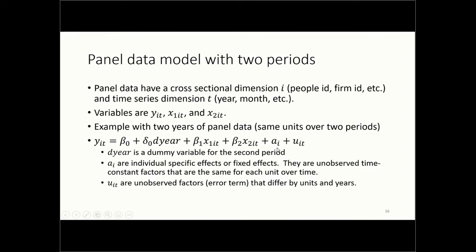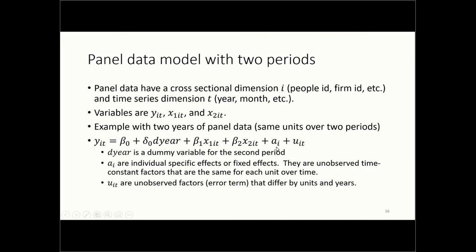You can think of something like the ability of the individual that contributes to their wages. The ability is not observed, but it certainly influences wages, and that ability would not differ over time. Here, this u_it is an unobserved factor or the error term that would differ by units and by years. And so that's how we would have the model set up.